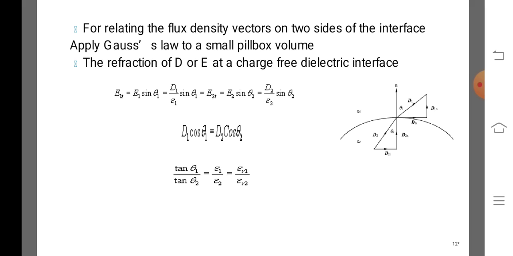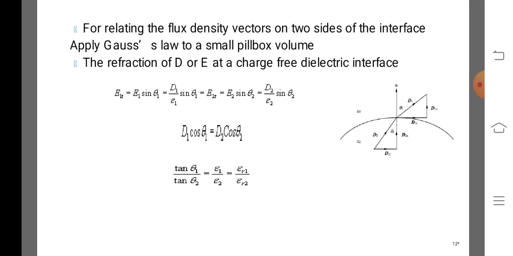Among those boundary condition components, let us see the dielectric boundary conditions. The dielectric boundary representation of the tangential components is E 1T and E 2T. Those two flux density or electric field components are the tangential components to the boundary.